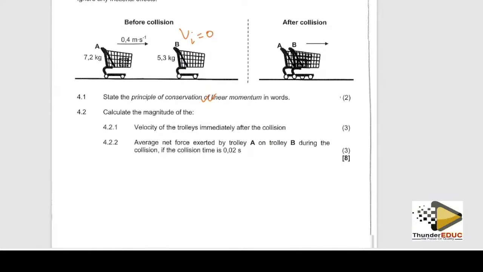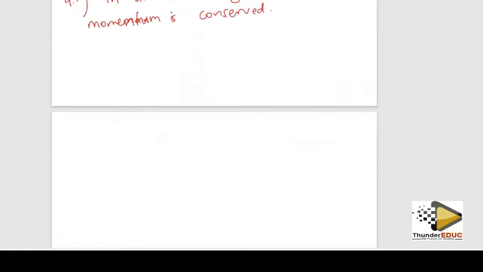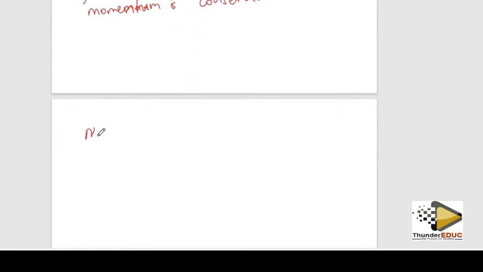Then 4.2, they want us to put the magnitude of the velocity of the trolleys immediately after the collision. So from the law of conservation, we know that mass A, velocity initial of A, plus the mass of B times the velocity initial of B must give us the velocity combined of mass A plus mass B, since they're going to have the same velocity after a collision.